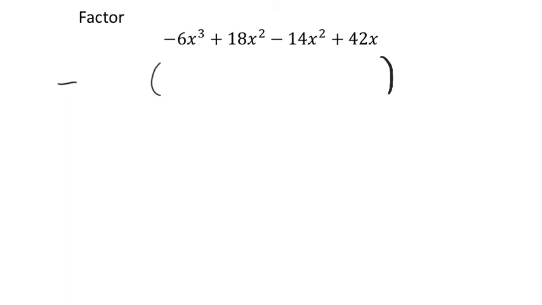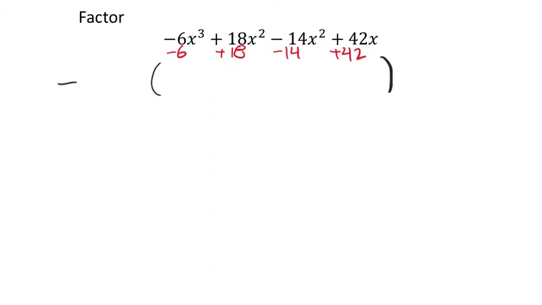Let's look at, well, I'm going to start with the numbers. So we got, again, 6, 18, and it's the 14, right? My first thought was 3 with the 6 and 18, but the 14 makes it just 2, and 6 and 18 are still divisible by 2, and same with 42.